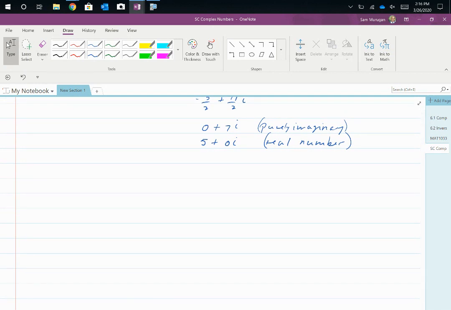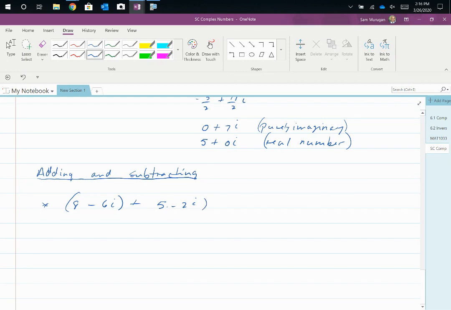Now let's look at how we add or subtract. Adding and subtracting is simply done by collecting like terms after you distribute the sign. So 8 minus 6i plus 5 minus 2i.